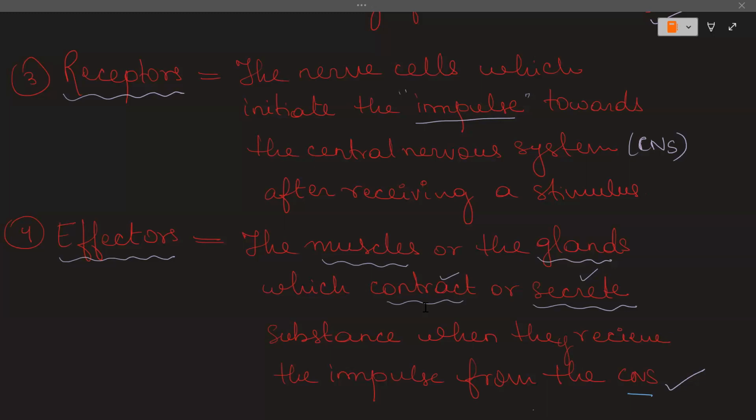Okay. Now moving forward, let us see what are the functions of... Ma'am, we cannot hear you. Hmm? Ma'am, nothing was heard.